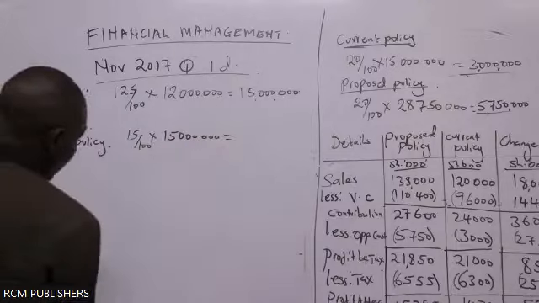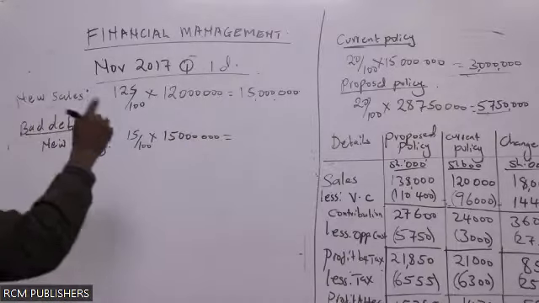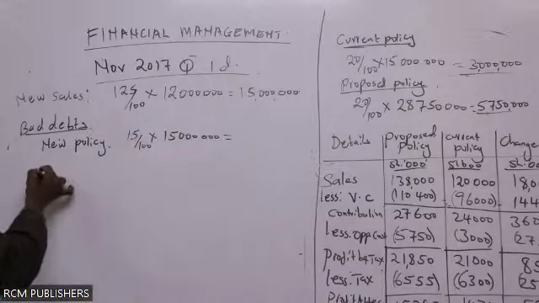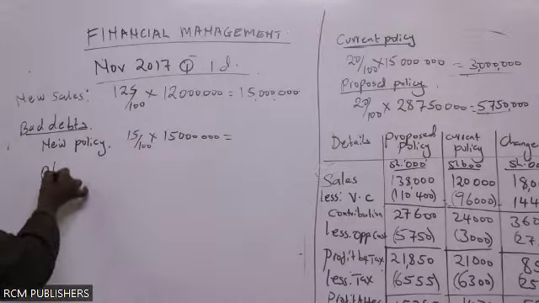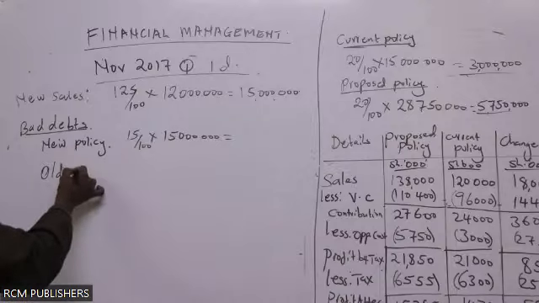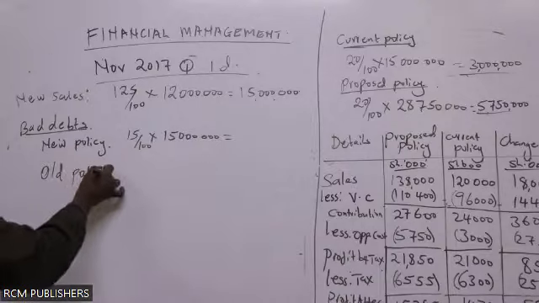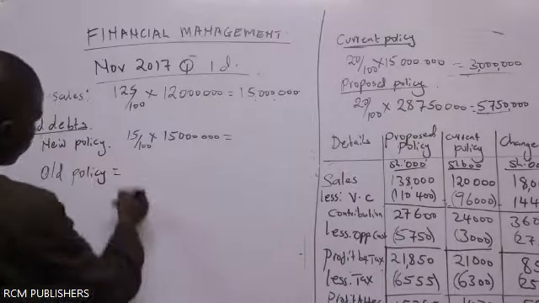So bad debt increased by 15%. Of course, it will be 15%. What about for the old policy? The new policy is like the proposed policy, the old policy is like the current policy. So when I use these names, please don't be confused.